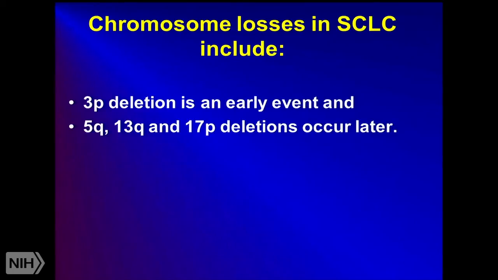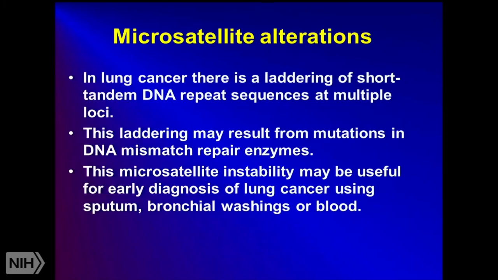So 3p deletion is very dramatic in the chromosome of small cell lung cancer patients, and 3p is a very early event. And subsequently, 5q, 13q, and 17p deletions will occur. The p53 is on 17p.